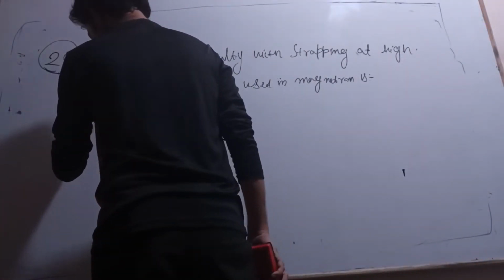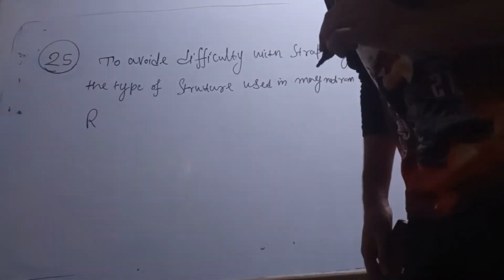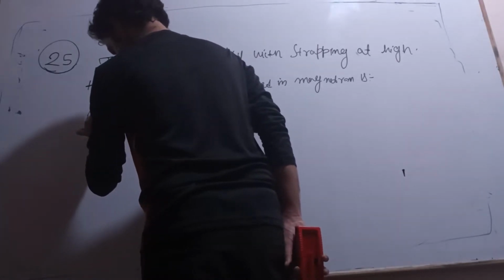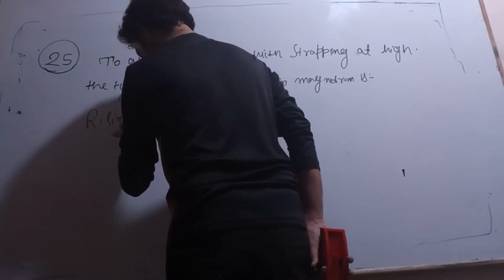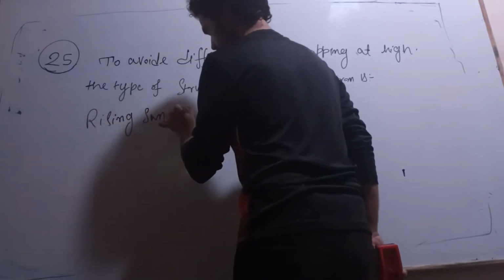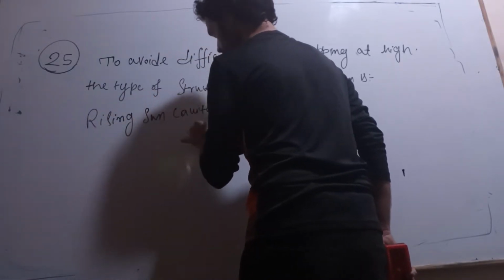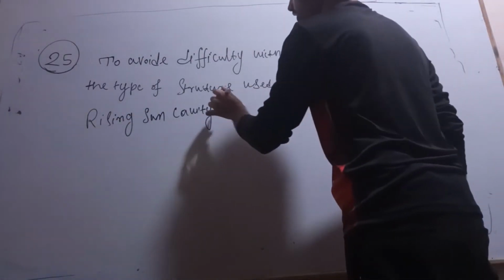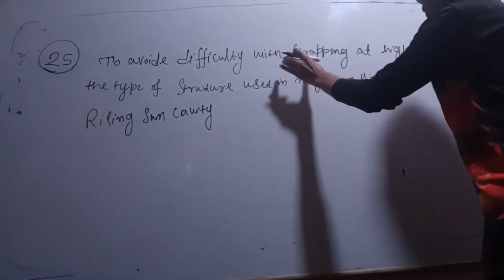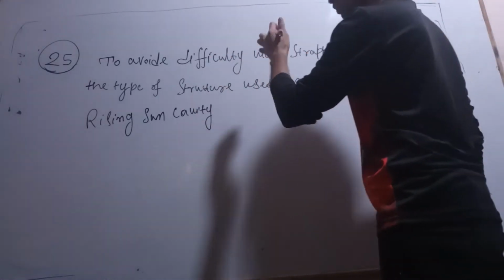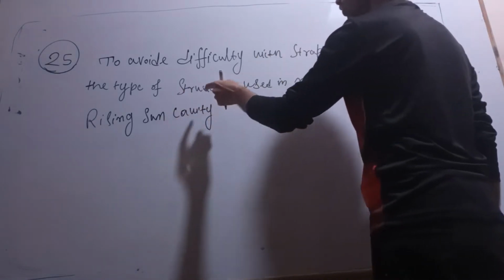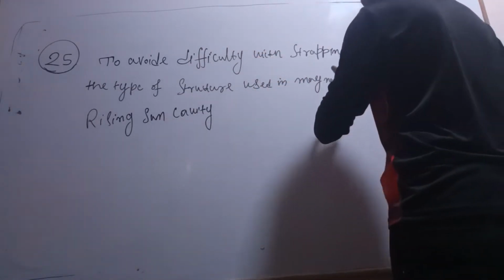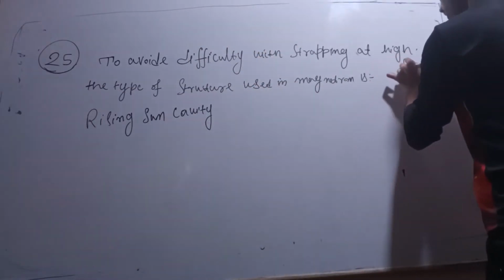That is rising sun. So that is the rising sun cavity. We use this type of structure, the rising sun cavity, to avoid the difficulty with strapping at high frequency.